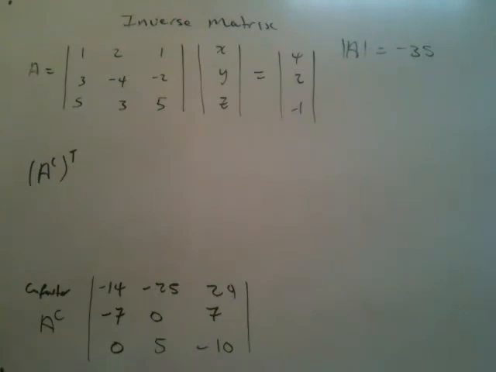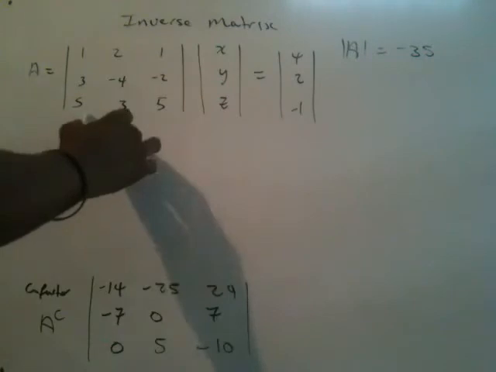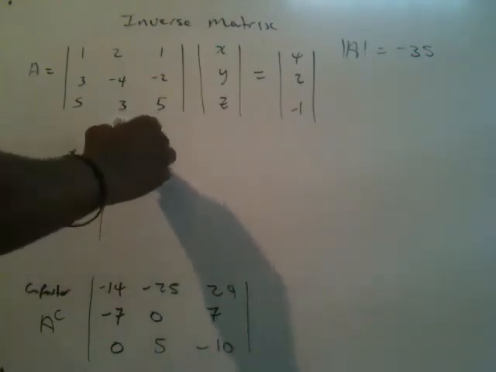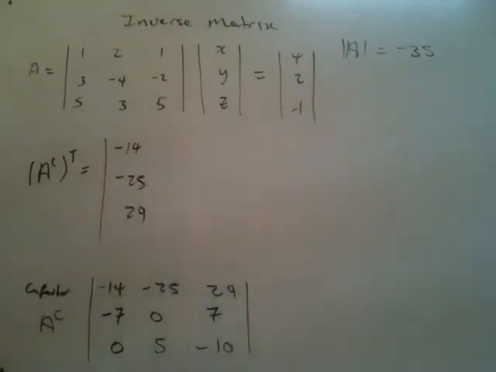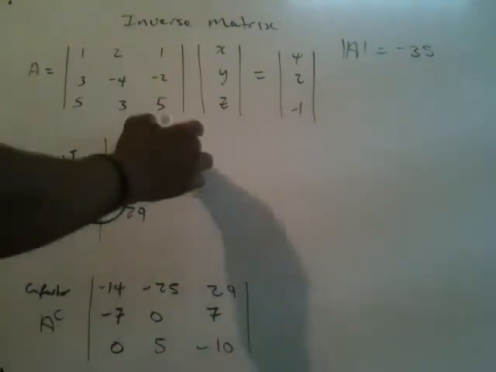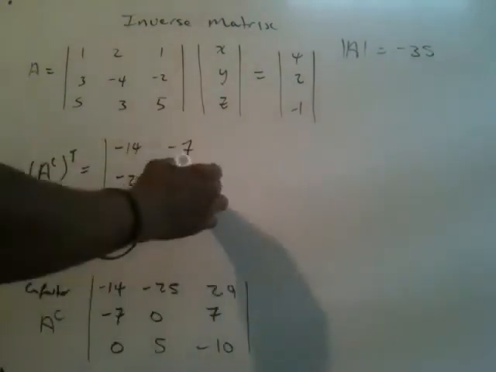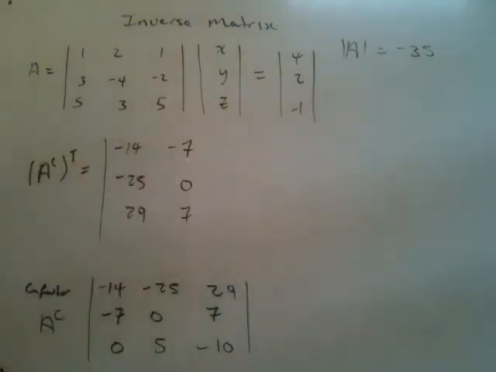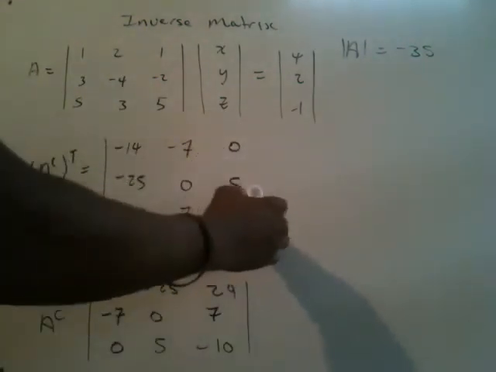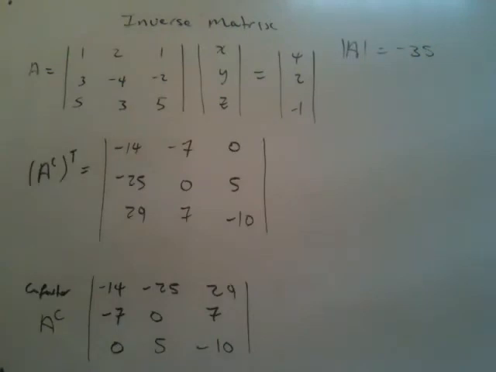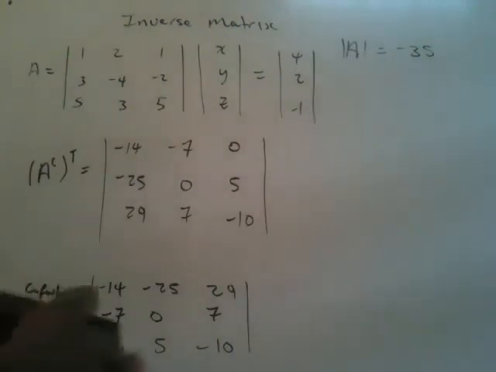Remember, to transpose a matrix you turn all the rows into columns. So we write -14, -25, and 29. Then -7, 0, and 7. Then 0, 5, and -10. And that is the transpose of the cofactor.